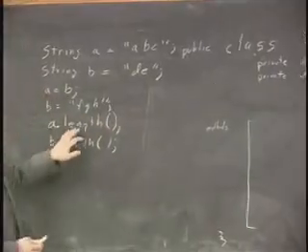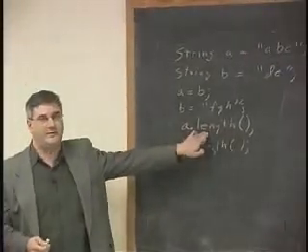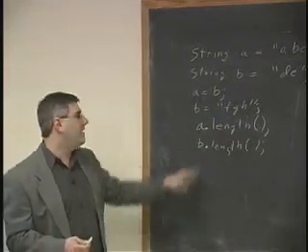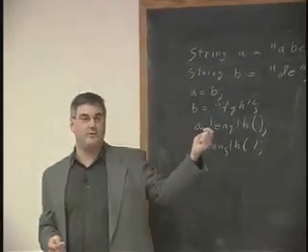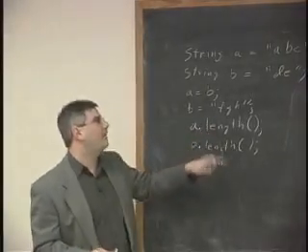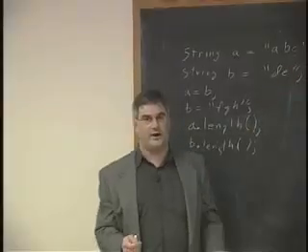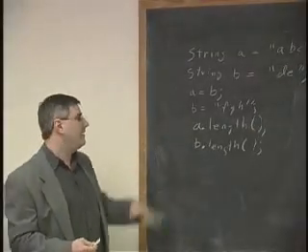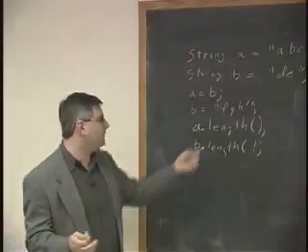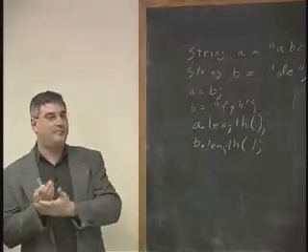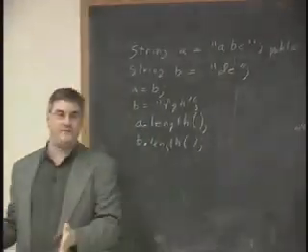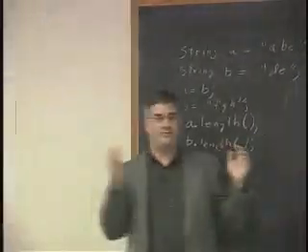When you use the string length method, you have no idea how that's being computed. You don't know whether the string internally keeps a number that it remembers as the length, or that every time you call it, it kind of marches down the string and figures out how long it is. You don't know, you don't care. All you have to know is that when you call length, you get back the number.